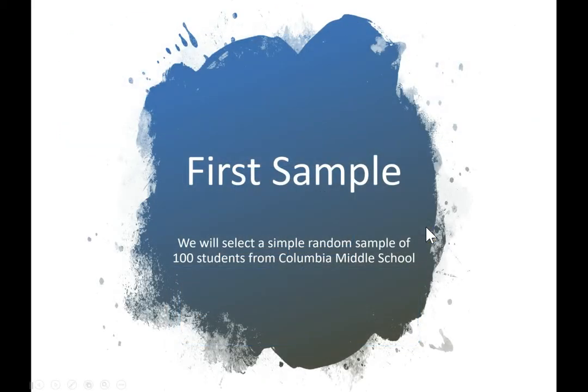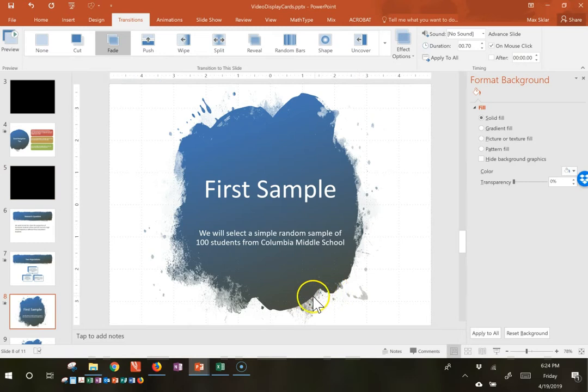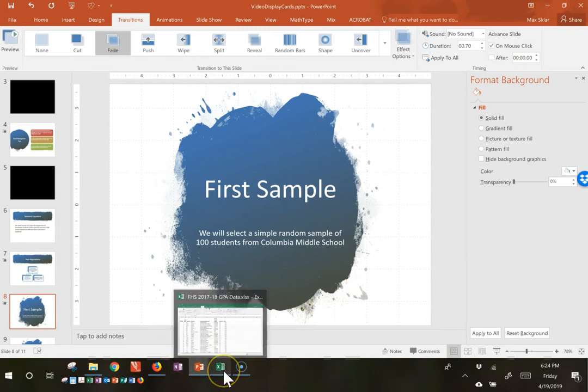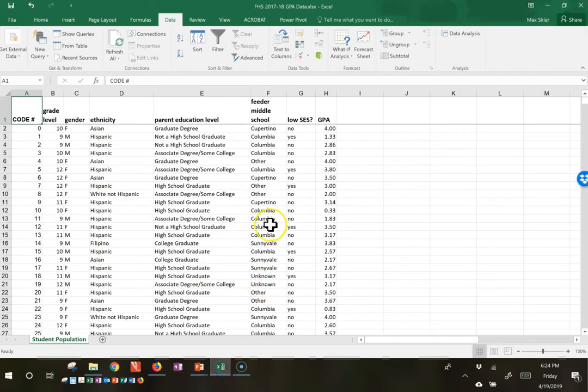So for the first sample, what I'd like to do is collect a simple random sample of 100 students from Columbia Middle School. So, we go to our data.